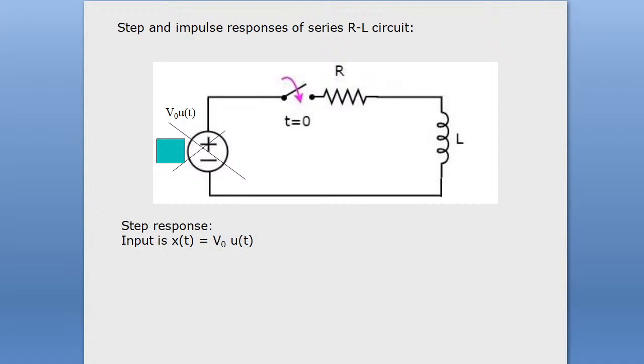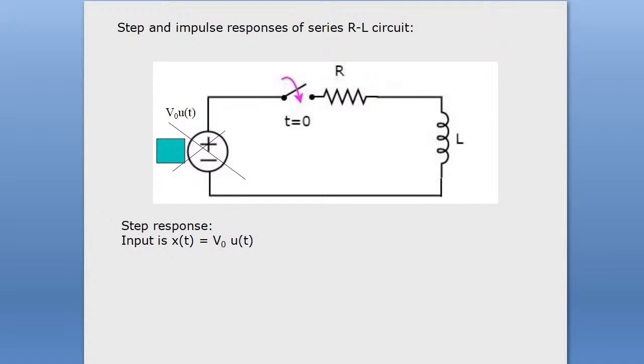You know that the value of the unit step function is 1, but I have given V naught as strength. That means the function will be equal to V naught for t greater than or equal to 0. Now your task is to calculate the output of this circuit.